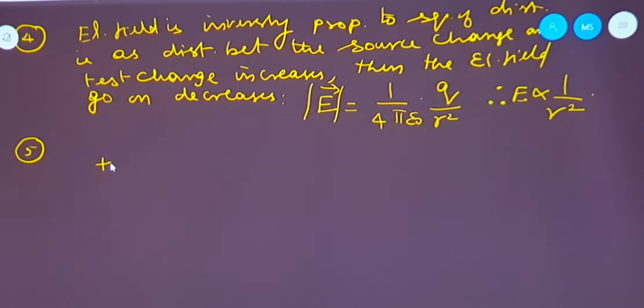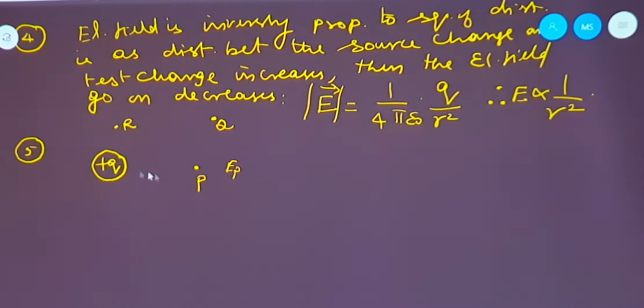Point number 5. I have a positive charge plus Q. If I consider some 2 or 3 points, one point is P here, another point is Q here, and one more point R here. See, the distances of the 3 points are different. The second concept is, if I place the test charge at these points P, Q and R, under the influence of this charge plus Q, the electrical field at point P is EP.